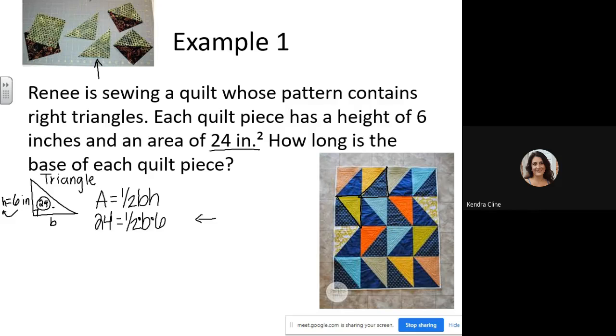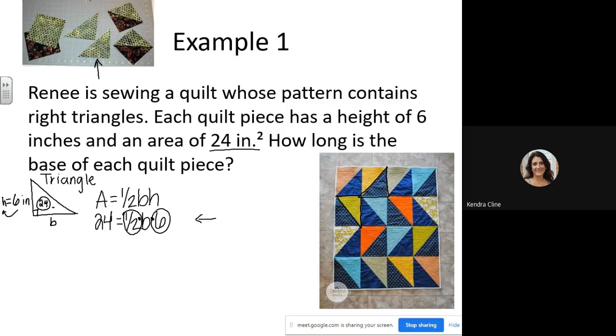So going back to solving an equation, my goal to solve the equation, to figure out what my mystery number is, is to get that variable, in this case B, by itself. Well, what's attached to it? 1/2 and 6. I'm going to simplify that. So I'm going to circle 1/2. Do that with me. 1/2 times 6.